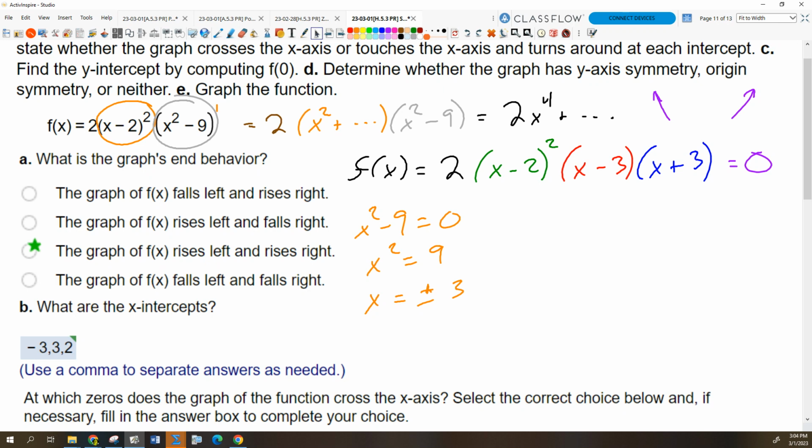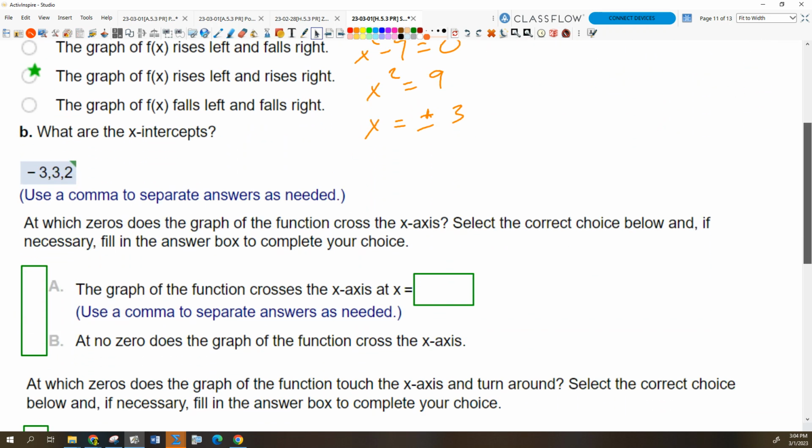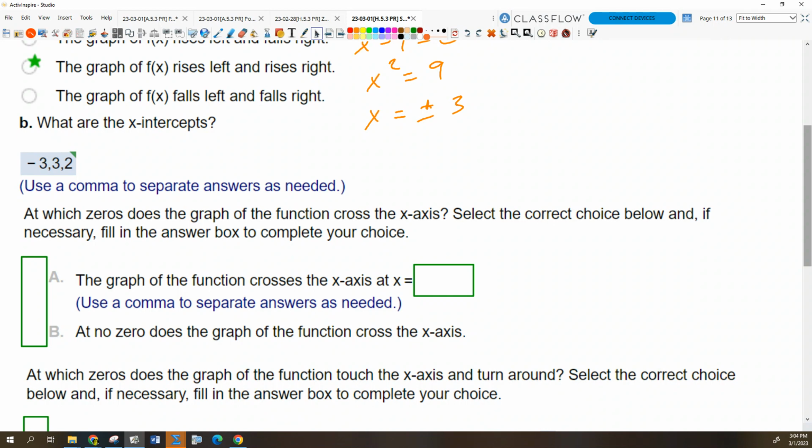Yeah. Negative 3 and 3, right? Everybody see that? Okay, good. Negative 3 and 3. So it does cross the x-axis, and it does so at negative 3 and positive 3.